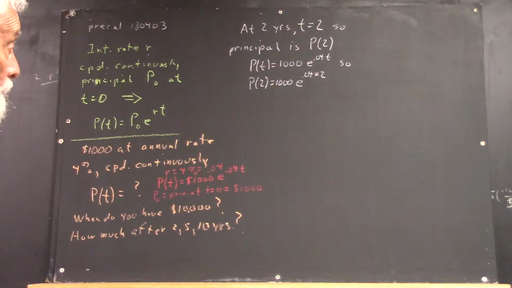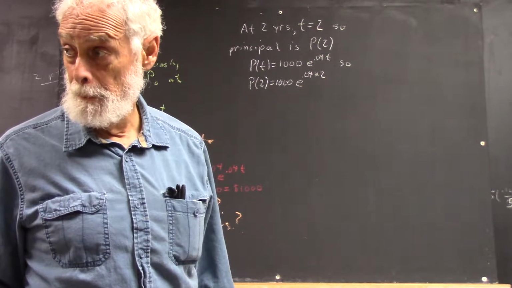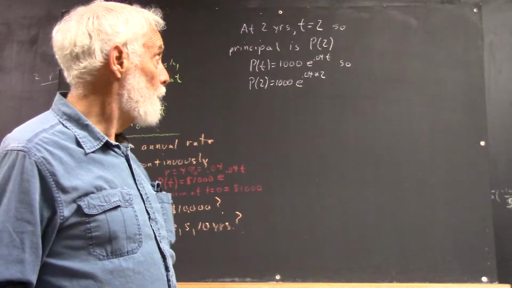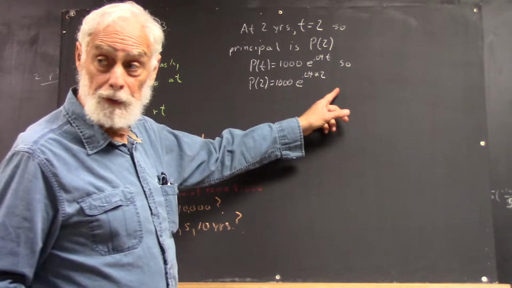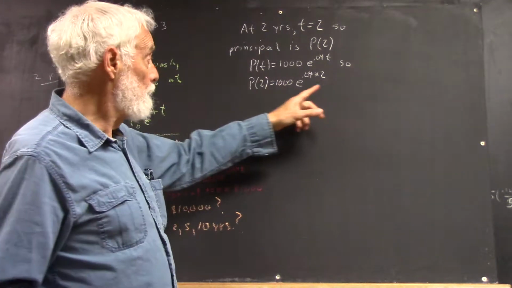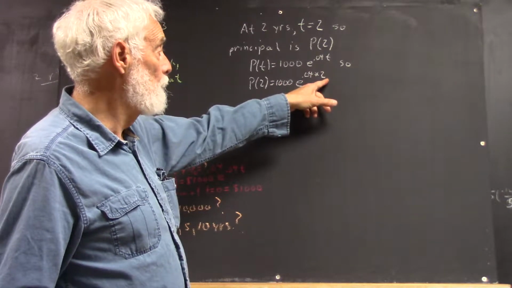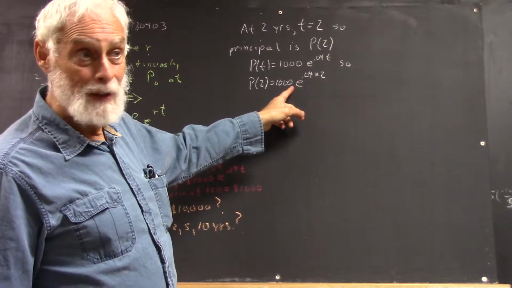Okay. So now we have to evaluate this. Now, what's the first operation we would do in evaluating this? And we've got a choice. If we knew what e to the 0.04 times 2 was, we could multiply it by 1,000, right? That would be a multiplication.